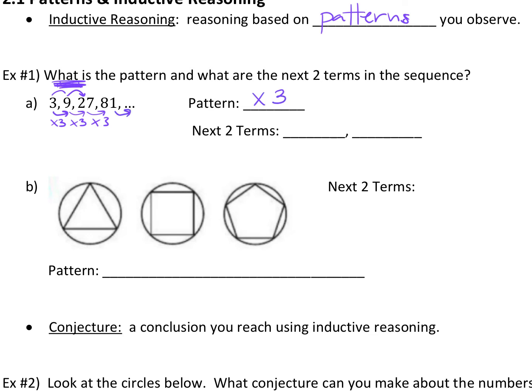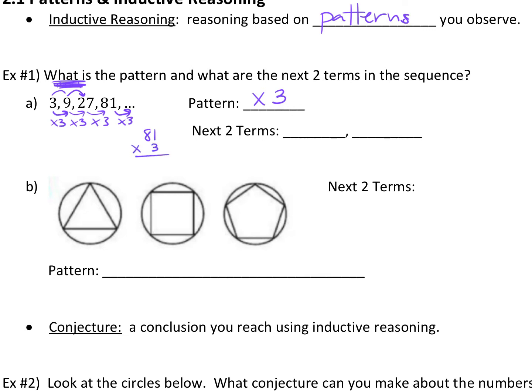So then what's my next term going to be? Can you do that in your head? 81 times 3? No. Okay, hold up. Or you could write it down. 81 times 3.